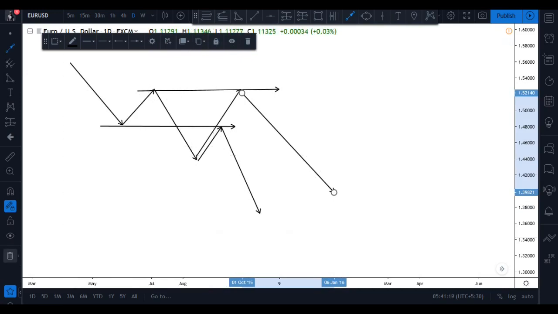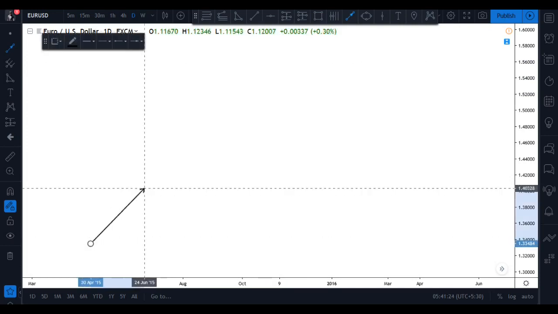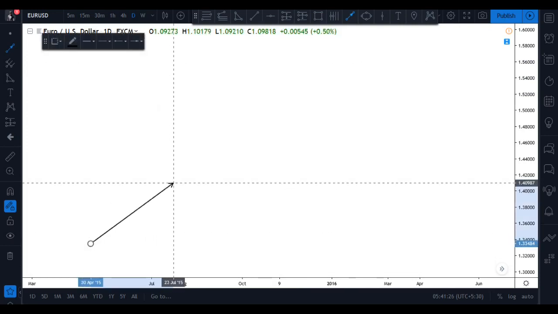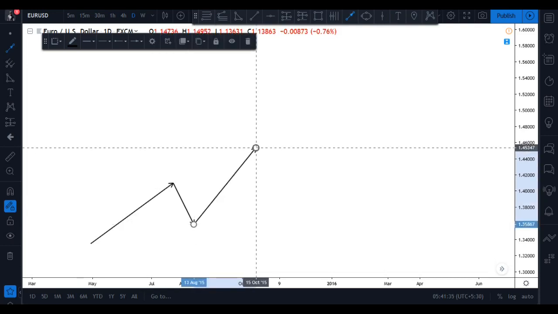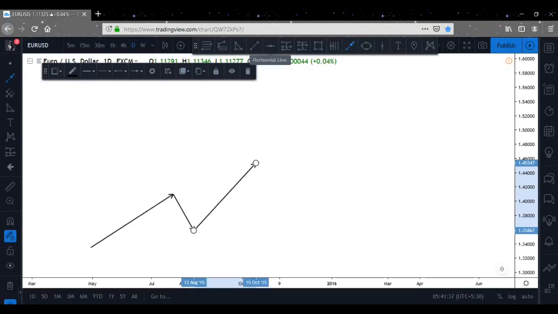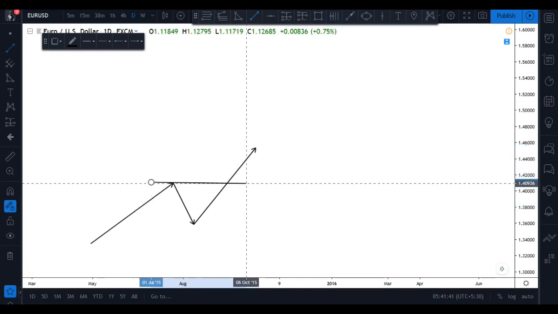Same goes for an uptrend, guys. For an uptrend to form, we should have an initial movement to the upside, then a retracement and a break and close above this structure level.